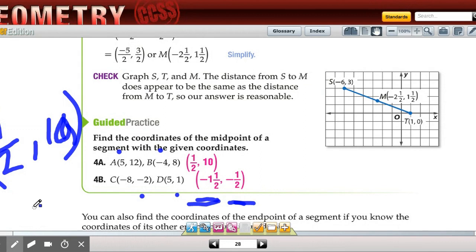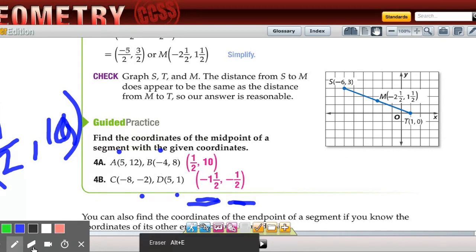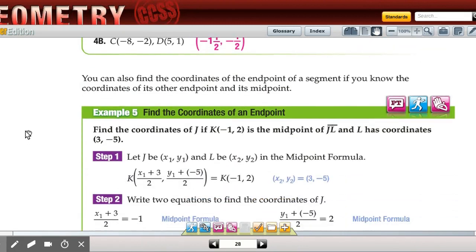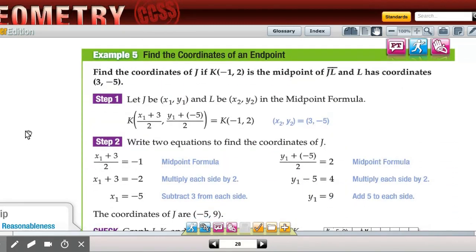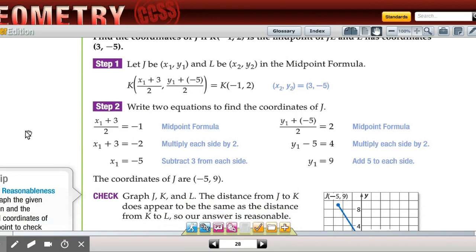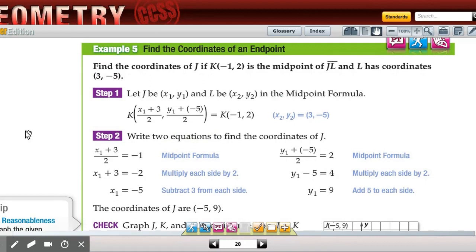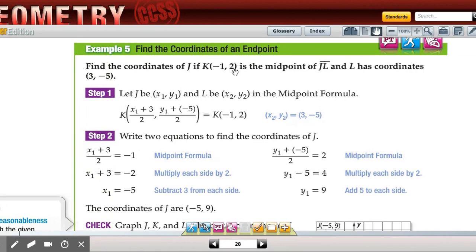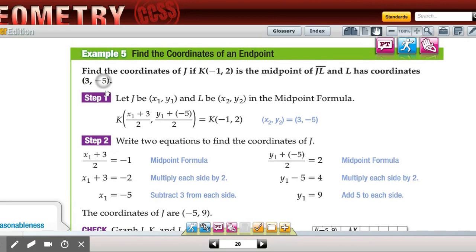Now I'm going to give you a little more on the next part, when they say, okay, I'm going to give you a point and an end point, and how do you find the other point? So that's coming down here. They're going to say that you have, like here it says, -1, 2 is the midpoint, and JL, and L has the coordinates of -3, 5.